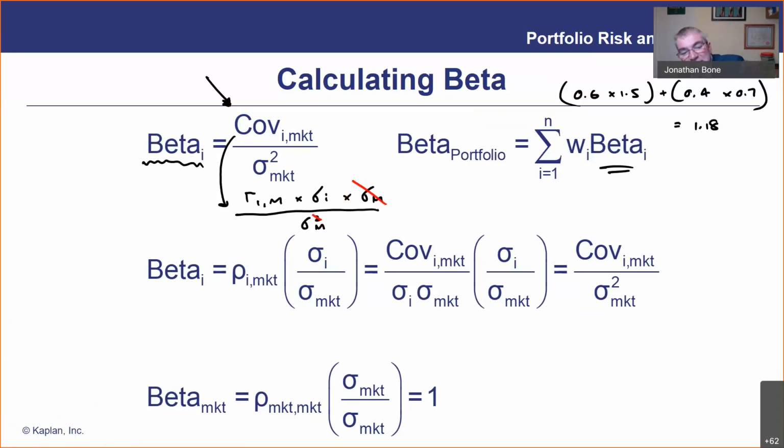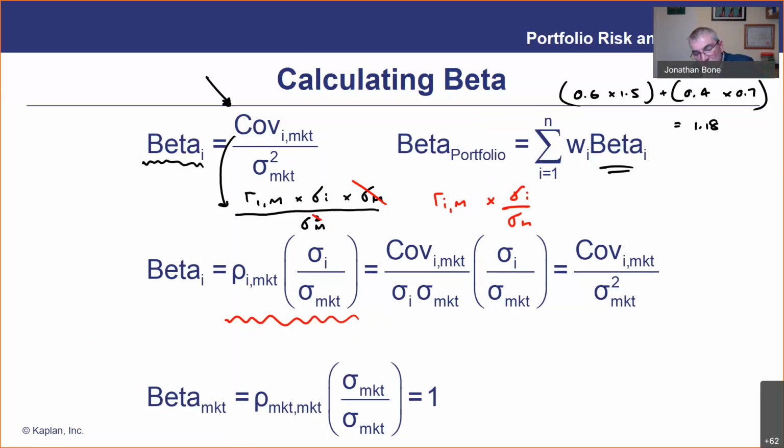So notice now what we're saying beta is. Beta is equal to the correlation of the stock against the market times the standard deviation of the stock over the standard deviation of the market. And that's exactly what we've got here. So another way of calculating beta is the correlation of the stock against the market times the standard deviation of the stock over the standard deviation of the market.